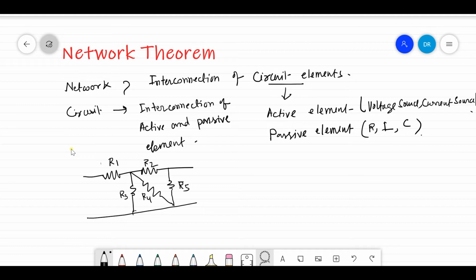But if I connect a voltage source over here and a current source over here, it forms a closed loop, right? So this is a circuit.